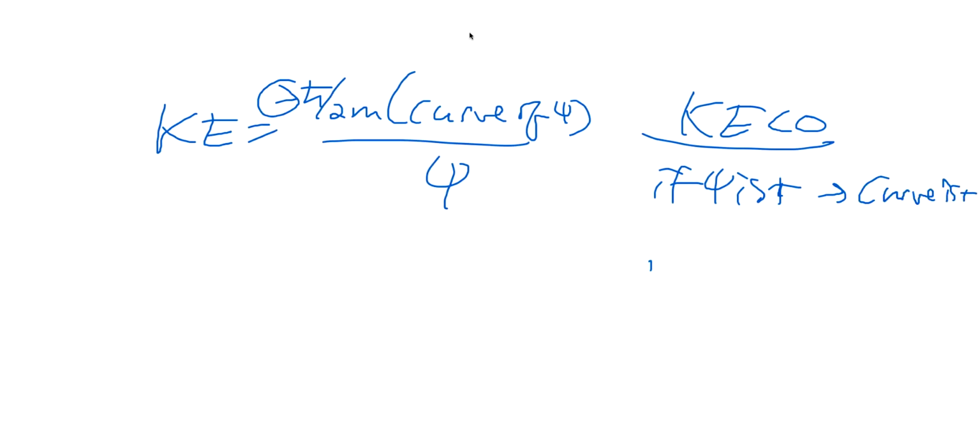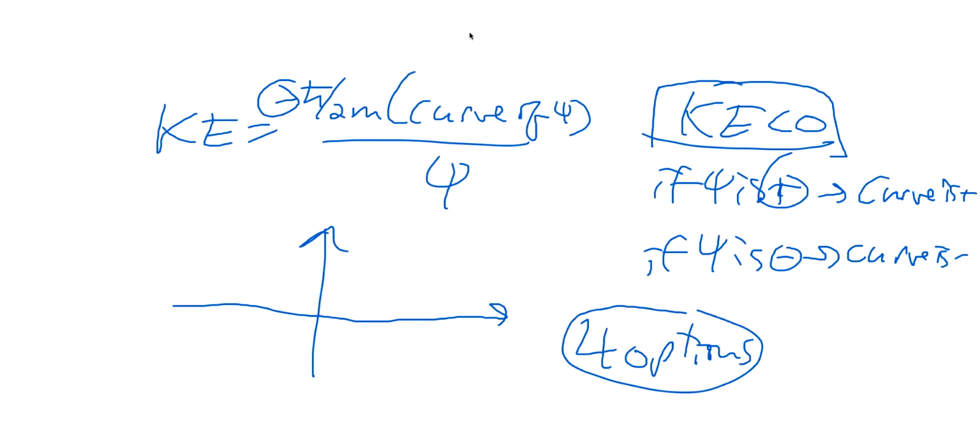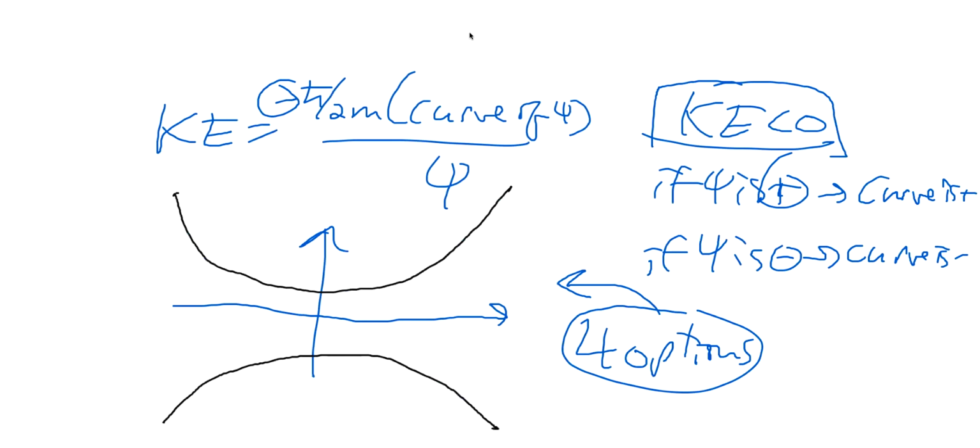And if psi is negative, then curvature is negative. That's totally fine. So what does that look like? Well, it looks like this. So if you have kinetic energy negative, these are the 4 options. I guess technically there's only 2 options, but really there's 4. Which is it's going to be what? Psi is positive, meaning it's up here, but curvature is positive. That's the smile, concave up. Or psi is negative, curvature is negative, concave down, right?